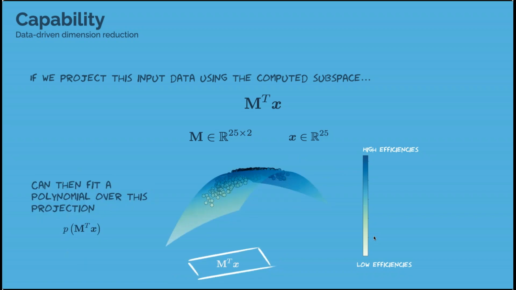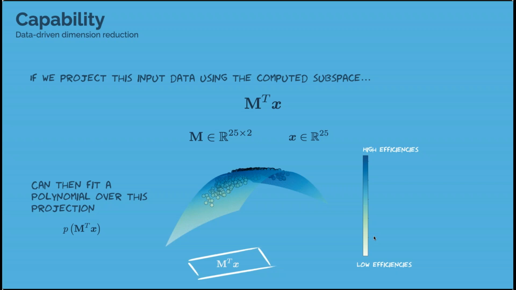Now, the nice thing is once you have this projection, naturally you can fit a polynomial over this. And the idea is that that polynomial then serves as a surrogate, not only for optimization, but perhaps more importantly for sensitivity analysis. And this is where things get interesting because you can use the coefficients of this projected polynomial to infer what the sensitivities in the full space are, right?